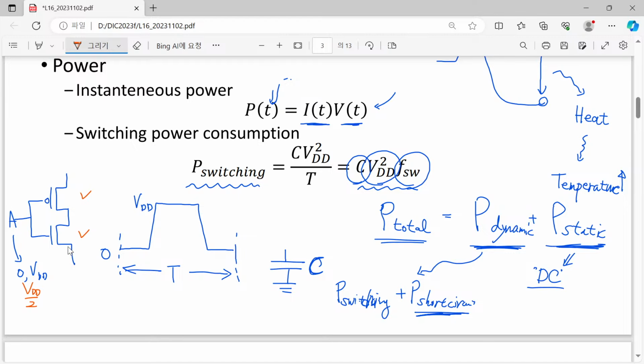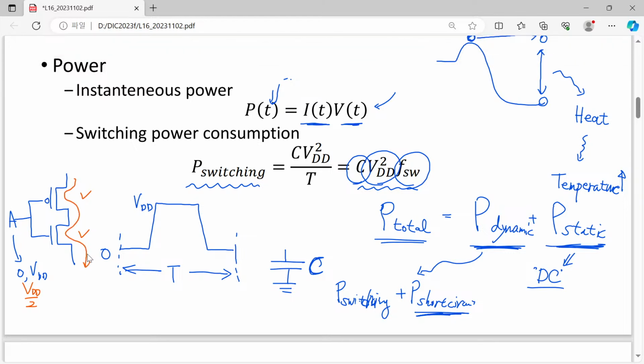In this case, NMOS will be weakly turned on, and also our PMOS will be weakly turned on. In this intermediate state, then we can expect certain current conduction from our VDD node to the ground.